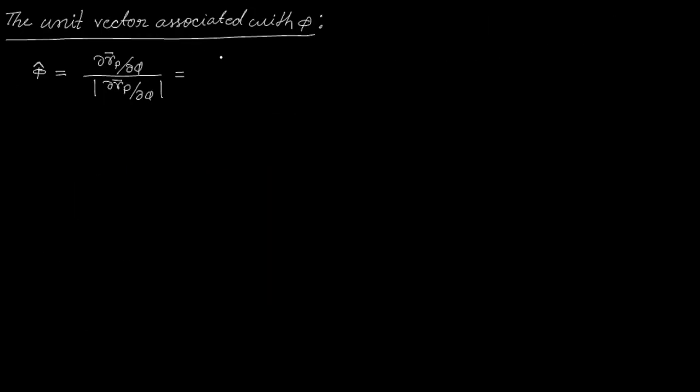So what we'll get here is minus r sin theta sin phi i cap plus r sin theta cos phi j cap. Then what we have to do is divide by its magnitude.